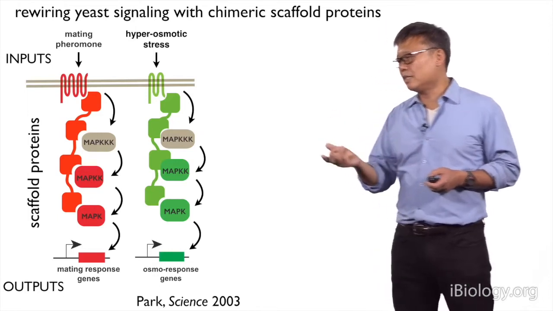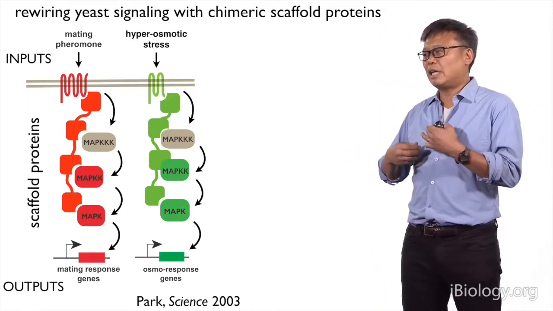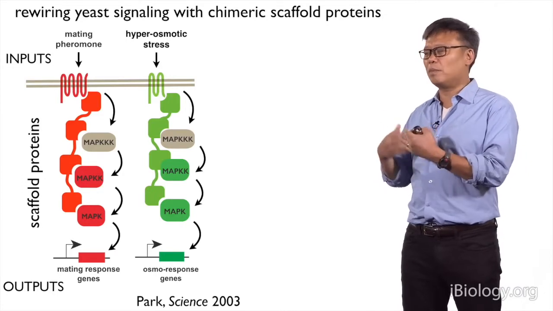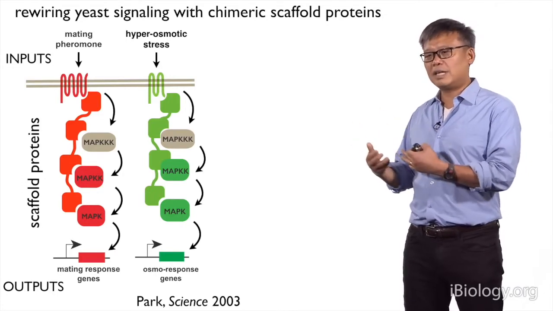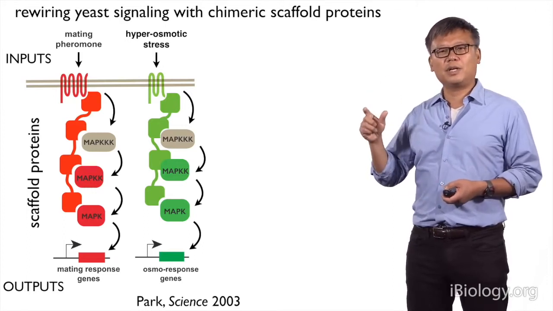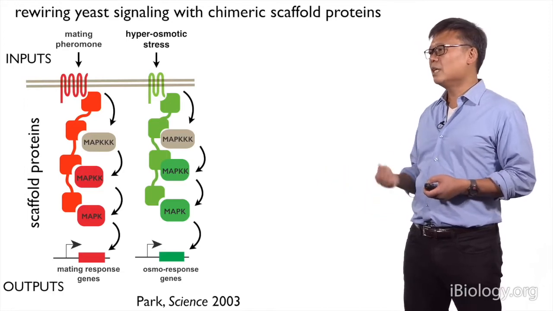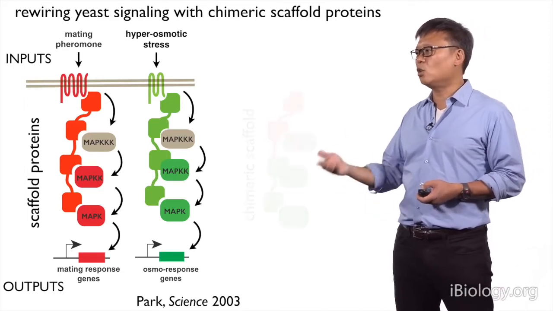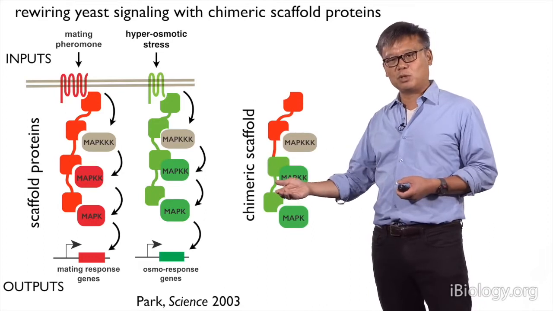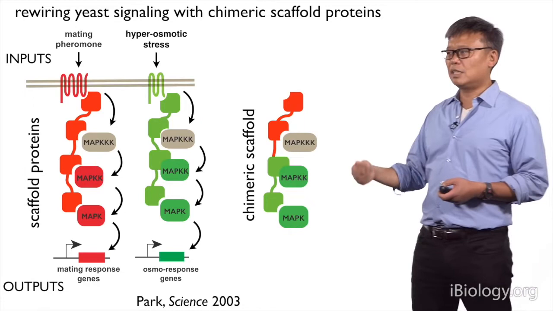And so one of the hypotheses that came from this was that perhaps evolution can create new pathways by wiring kinases and other catalytic functions together in different ways by generating new chimeric scaffold proteins. So Sang-Hyun Park, a postdoc in the lab at the time, decided to try to test this by asking, could we make a chimeric scaffold protein that would assemble different kinases in these two distinct pathways?